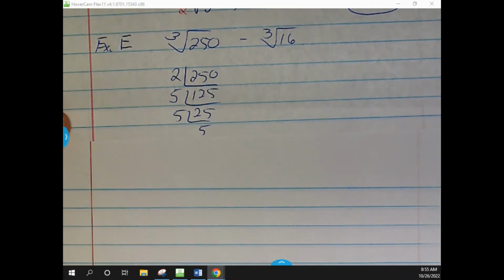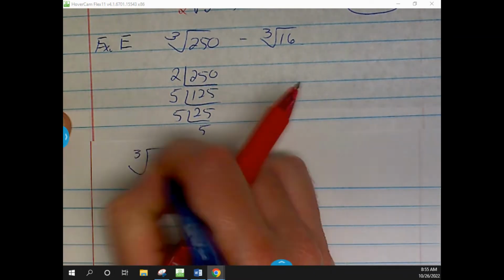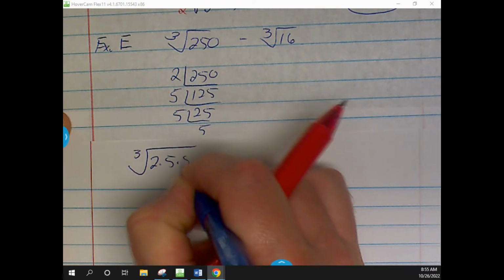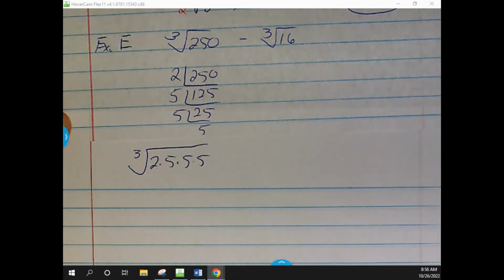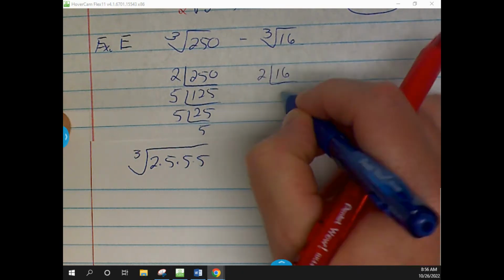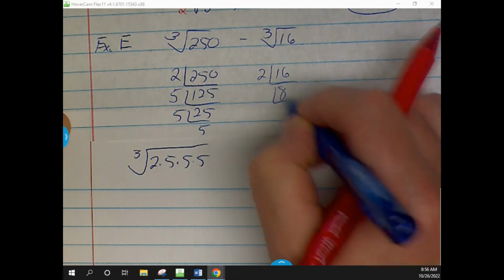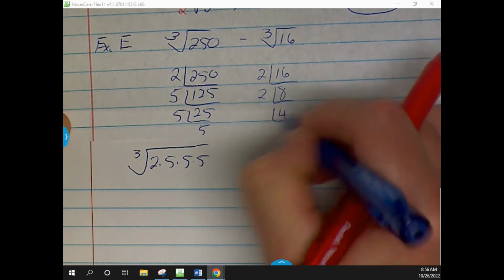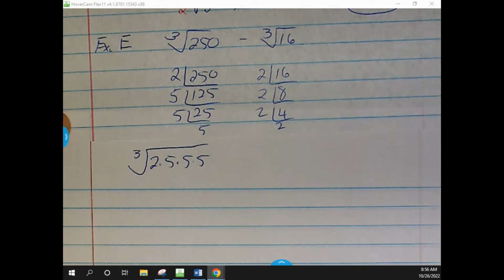Okay, so that one would be third root of 2 times 5 times 5 times 5. Let's go ahead and break down the 16 as well. It's even, so let's divide it by 2. 8 divided by 2, 4 becomes 2 times 2.